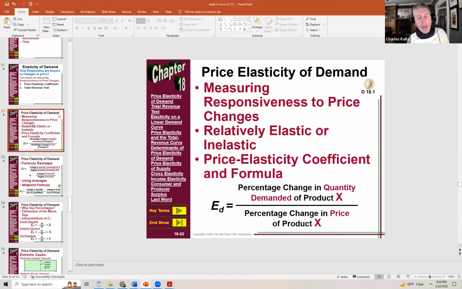And here's why. If price went from $1 to $2, that's a $1 increase, but it's a 100% increase in price for that item, as opposed to something that costs $30,000. If that goes from $30,000 to $30,001, it's nothing.